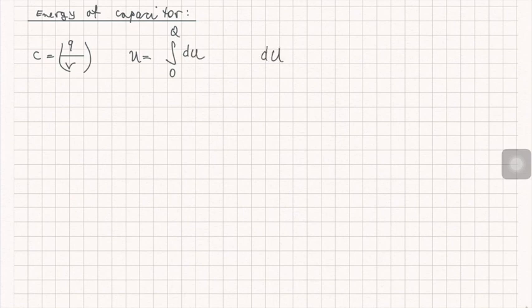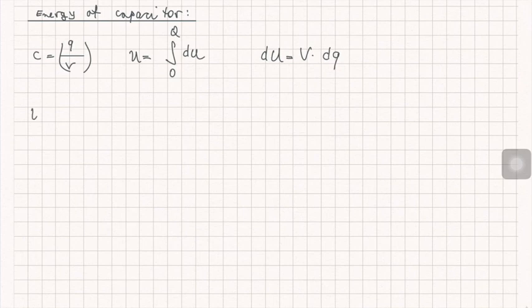And dU equals the electrical potential times a small charge dq. So this is where the notion dU is coming from. You have a tiny little charge dq, given an electrical potential, and now you're integrating over the entire charge amount. Then you're evaluating this integral expression here.